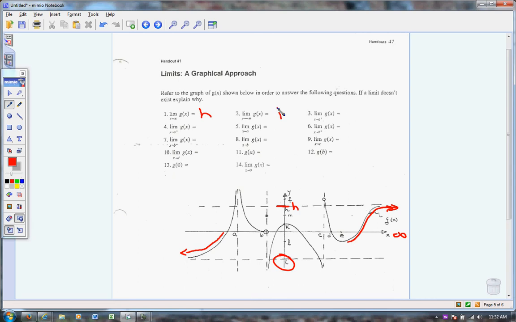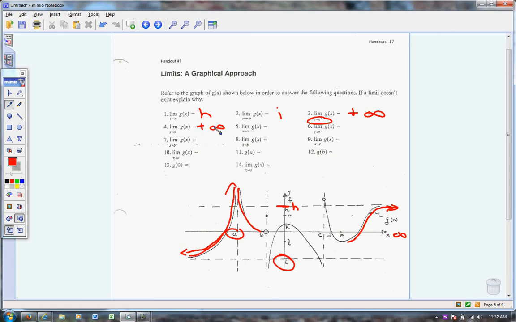That is as we approach A from the right. That is an A plus. So as we approach A from the right, what is that going to? Positive infinity. How about as we approach A from the left? Here's A. As we approach A from the left, isn't that also positive infinity?